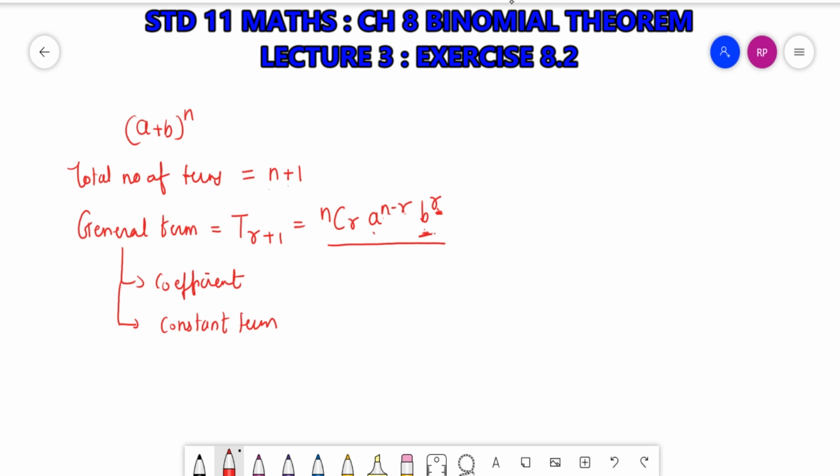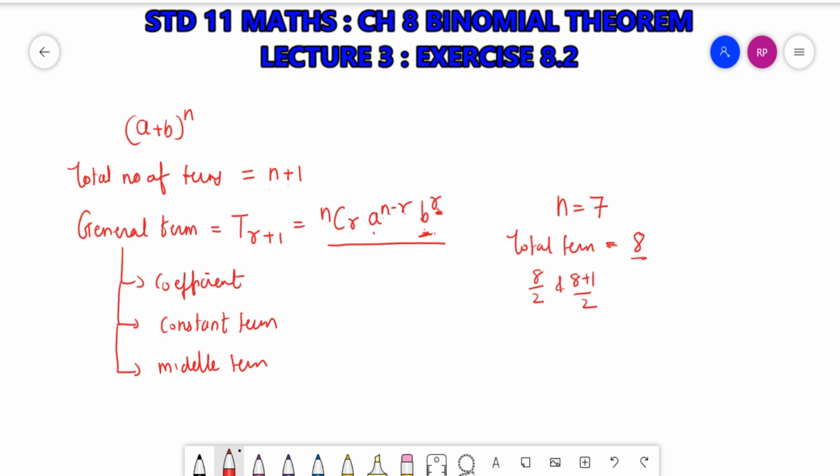Okay, then the middle term. Suppose n is equal to 7. That means the total number of terms will be equal to 8. Clear? So now there will be two middle terms. There are 8 terms, so there will be two middle terms, that is 8 by 2 and (8 plus 2) by 2.